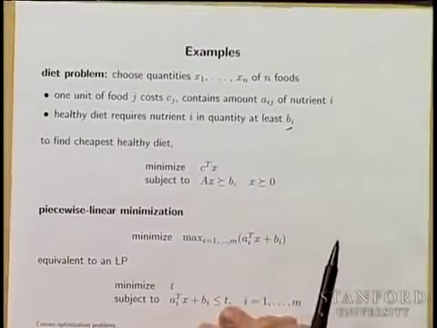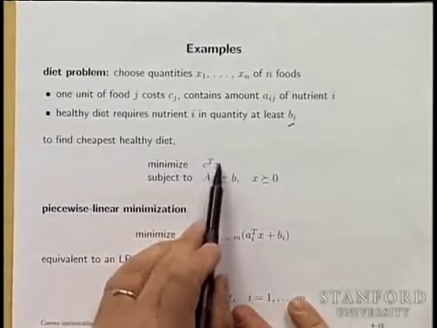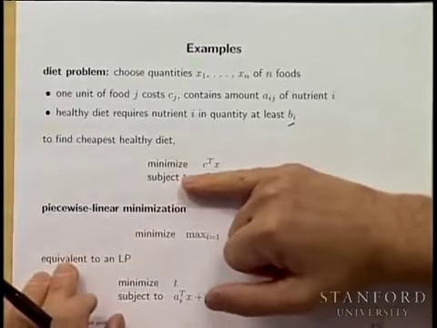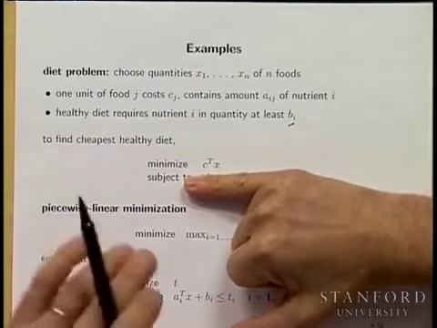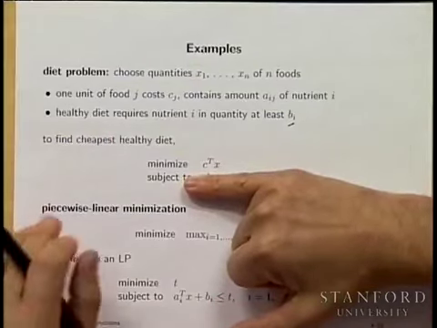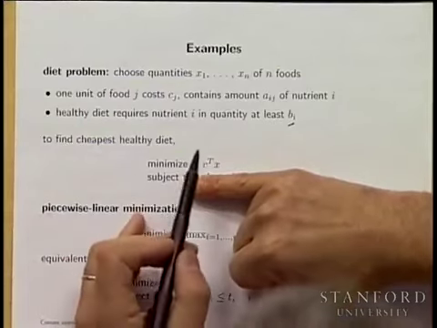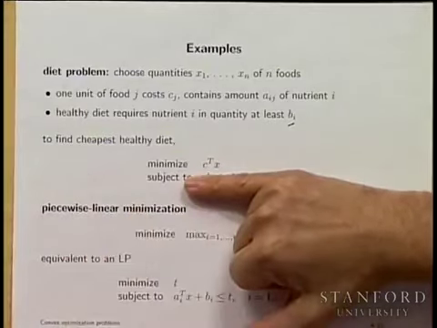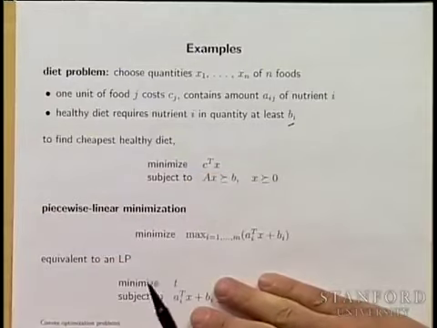So how do you find the cheapest healthy diet? Well, you minimize c transpose x. Now, c transpose x here is literally the cost, because x_i is the quantity of each type of food you're going to put into this mixture, and when you take the inner product with c, that gives you the actual cost. So that's minimizing the cost.